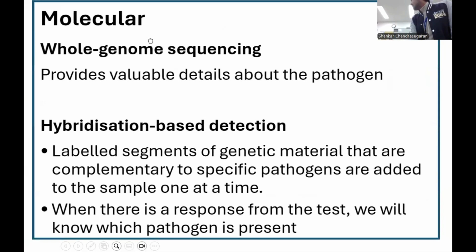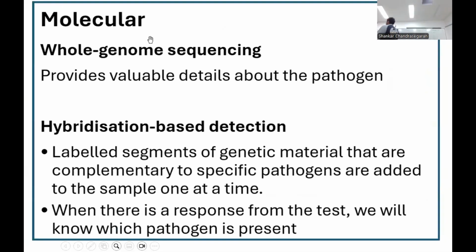And lastly, it's the molecular techniques that we can use. Obviously whole genome sequencing can provide a lot of information and possibly even allow us to identify which family of pathogens it belongs to. Then another one is hybridization-based detection.